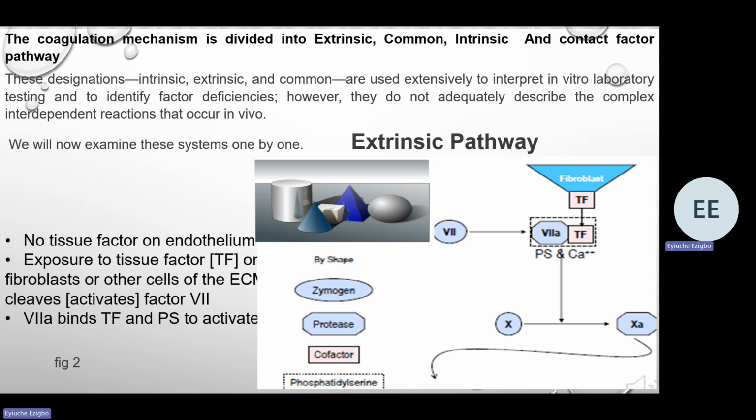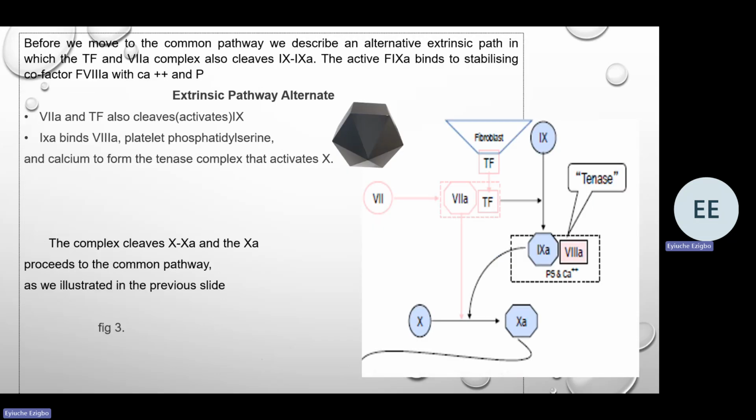But there is an alternate pathway of this extrinsic coagulation mechanism we are going to look at. There's an alternative extrinsic pathway in which the tissue factor and factor 7 complex also cleave factor 9. They also activate factor 9. And when they activate factor 9, the active factor 9 will now bind to stabilizing cofactor 8 with ionic calcium and PS.